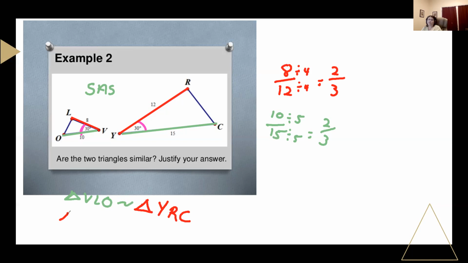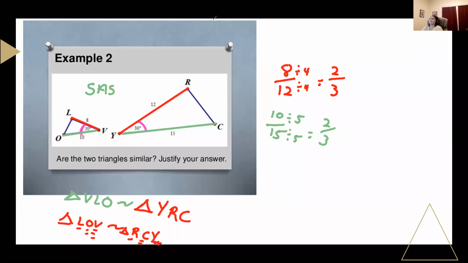Now, I could have written it LOV, as long as whatever lines up with L, so that would be R, CY, this would be correct too. But it's just that the ones that are the same have to line up. Okay? We good?